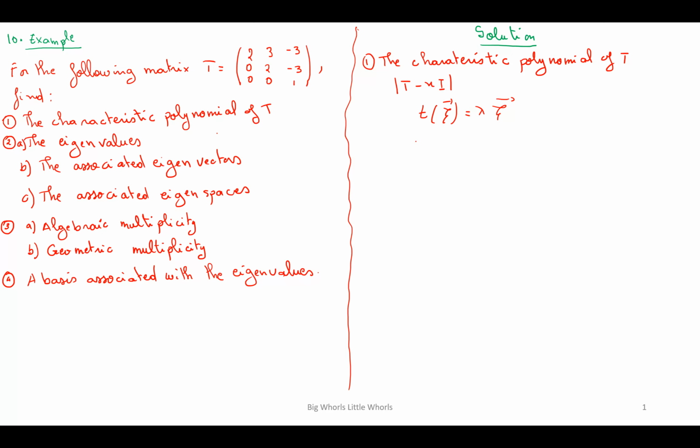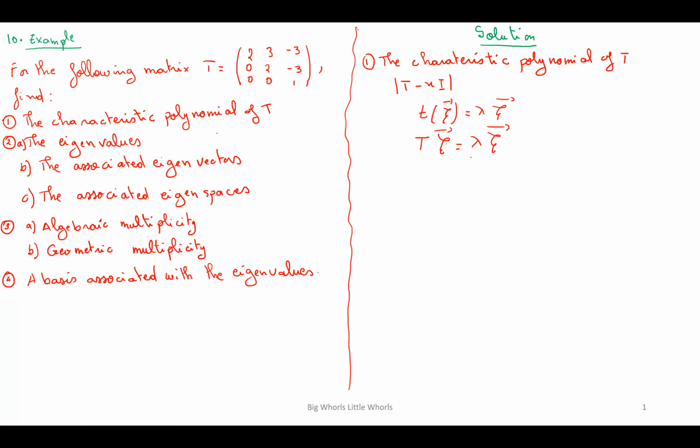Basically, in matrix form, we have a T, which is the matrix representation of T in a basis. T multiplied by zeta equals lambda zeta.